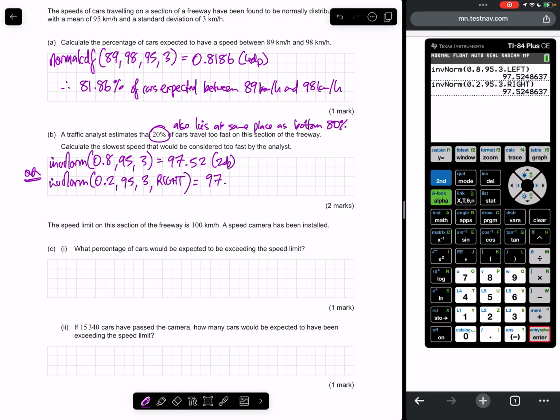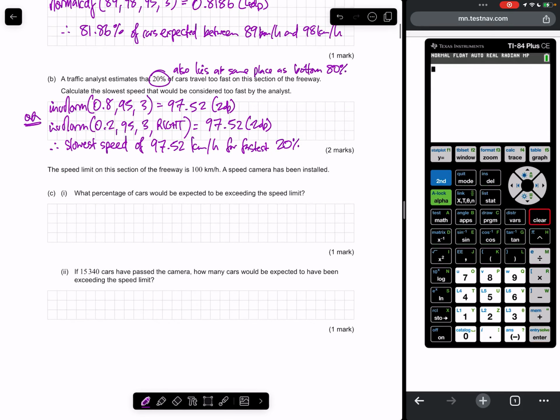Also get 97.52 to 2 decimal points. Therefore, slowest speed of 97.52 kilometers per hour for the fastest 20%.